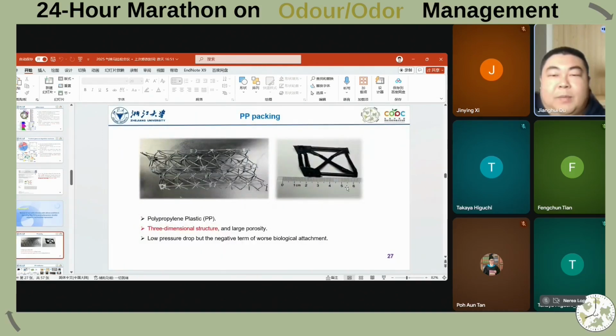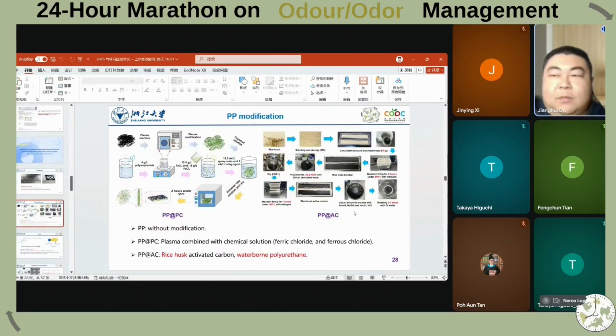We use the PP packing because it has low pressure drop, but the negative was biological attachment. So we use 2 different methods to make a modification.